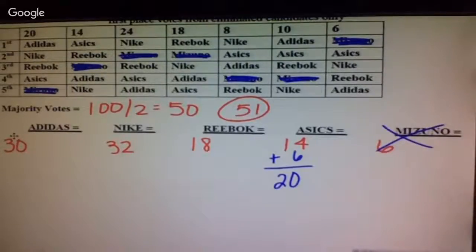Who do we lose now? Reebok. Okay. Reebok leaves now. Reebok started with 18 points. Well, that came from this column here.